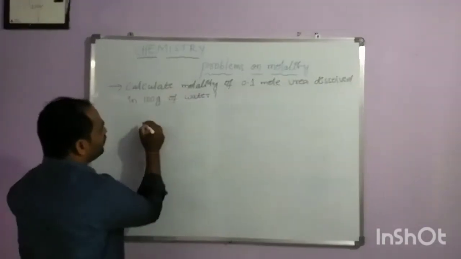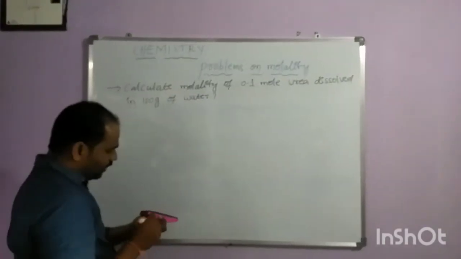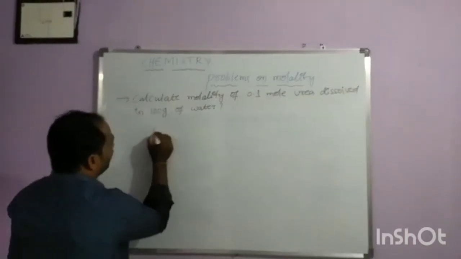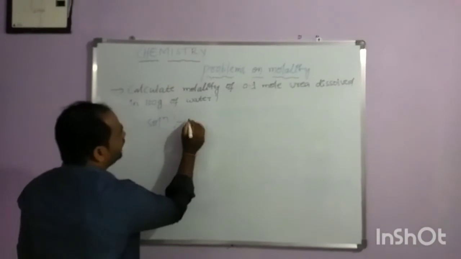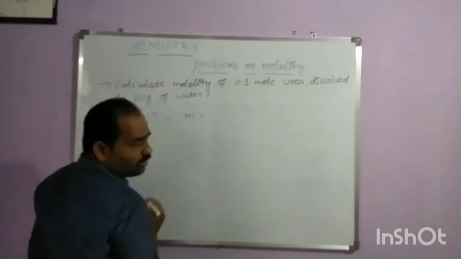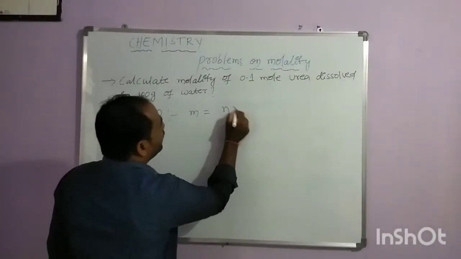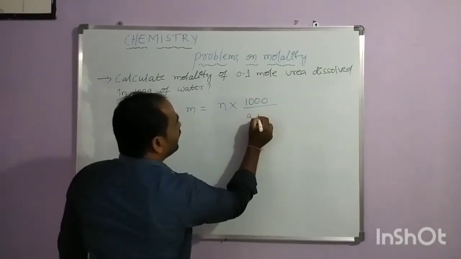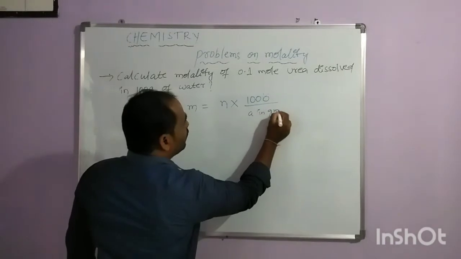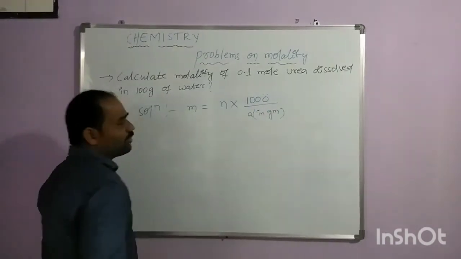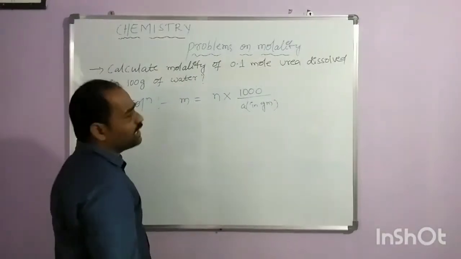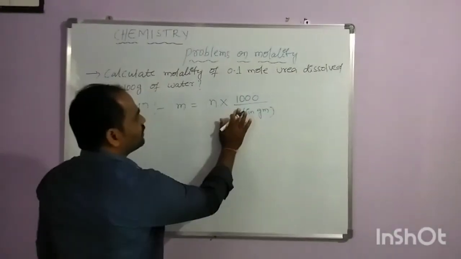For the calculation of this problem, we use the formula molality m is equal to n into 1000 by A in grams.